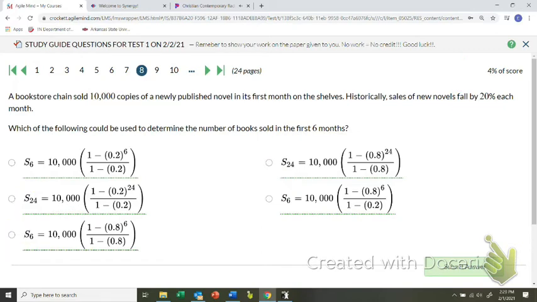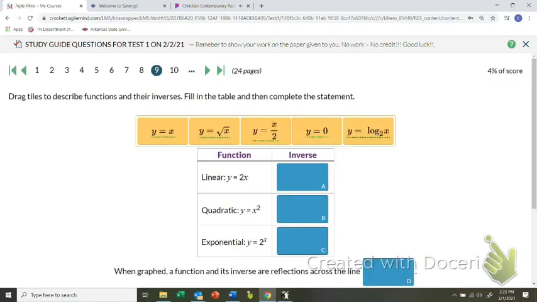All right. Number 9, our inverse. Okay. On our bell work, we determined that to find the inverse, we do 2 things. We swap x and y, and then we solve. Okay, so let's just start with linear. Can you really change a straight line?